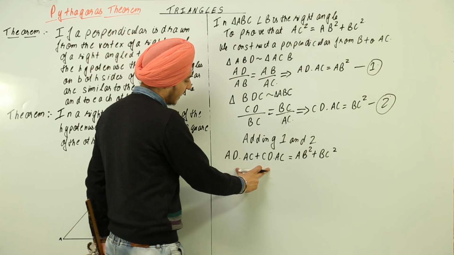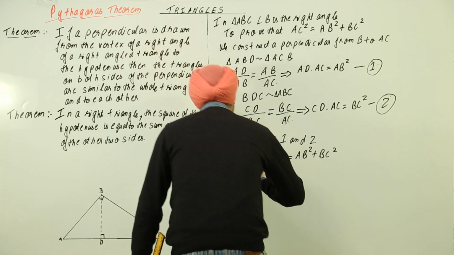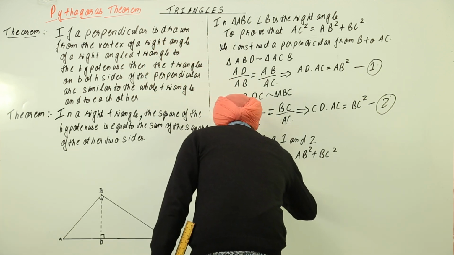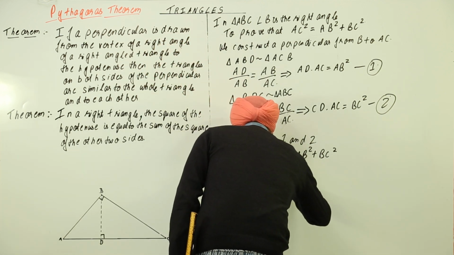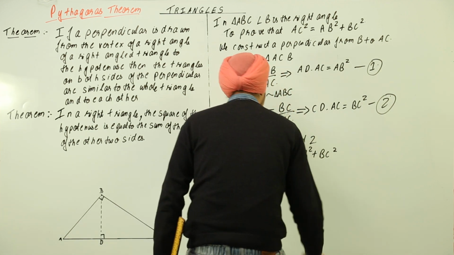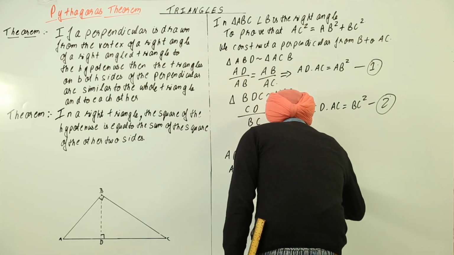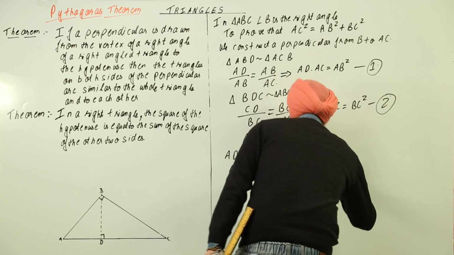Now if you see over here in these two, AC is common, correct? So we have AC into AD plus CD is equal to AB square plus BC square.